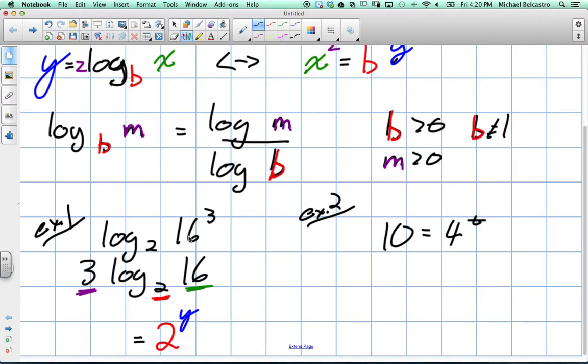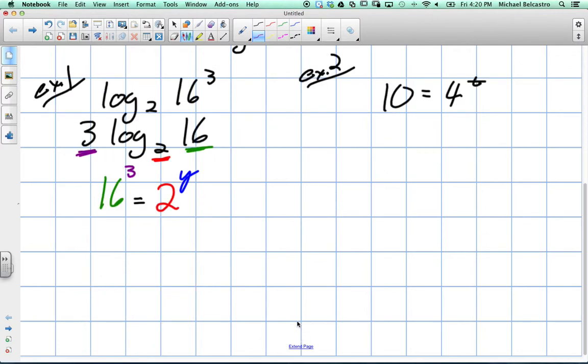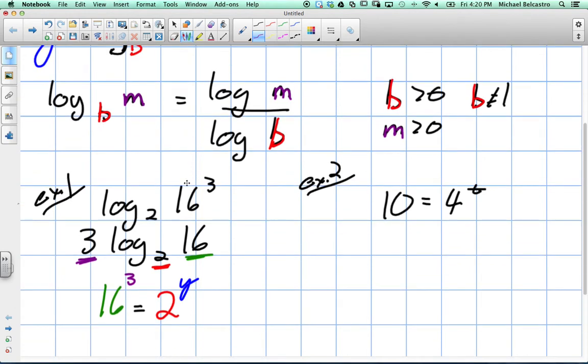It is equal to, what other information do we have? Well, we have the green. This becomes what this is equal to. So our x value is what the exponent is equal to. So 16 is what it is equal to, and to the power of 3. So we have the power of 3 here. Oh, sorry, I thought they wanted us to convert.